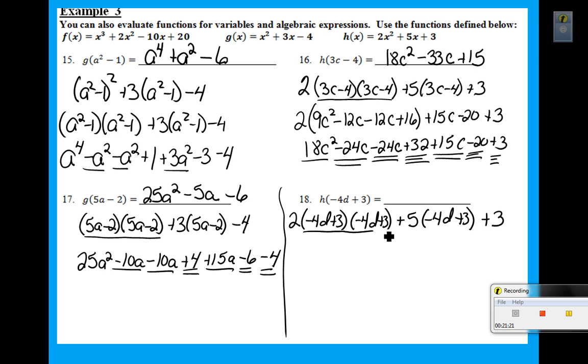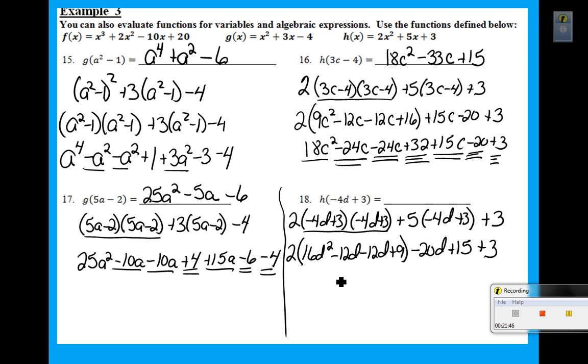We're going to FOIL this thing out first. So I've got a 2 out there that I'm going to use here in a little bit. Negative 4d times negative 4d is 16d squared minus 12d minus another 12d plus 9. If I keep going, I got minus 20d plus 15 plus 3.